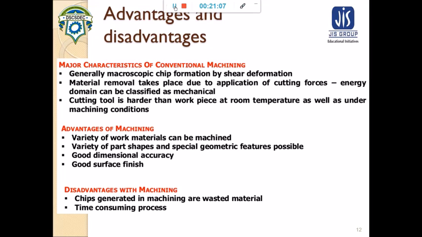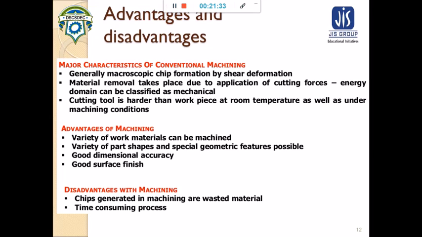Those chips which are formed are completely waste material, and that waste material requires a higher level of waste handling, and it is a time consuming process. These two are the main disadvantages of our machining process.